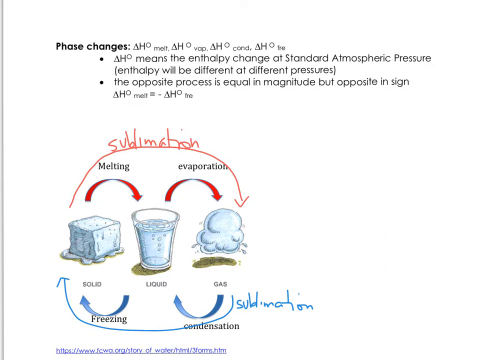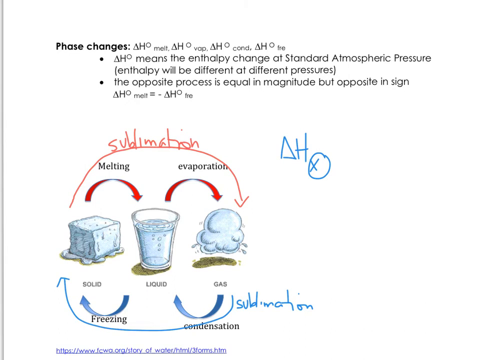So we will have changes in enthalpy for each state. So the process of going from one to another. And they will also have subscripts. It will be called delta HX, where X is your change.